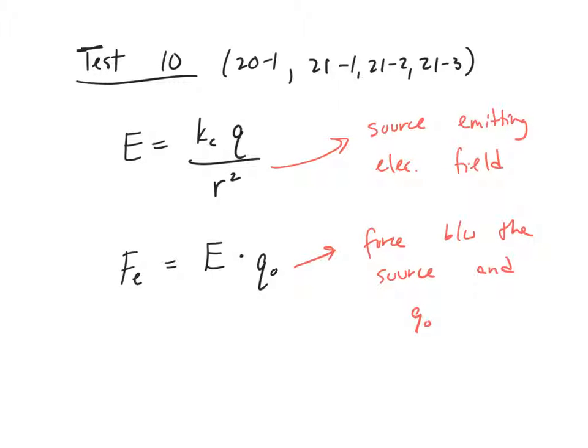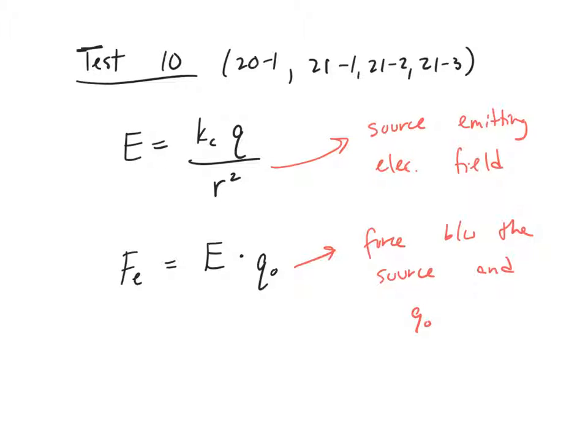But now in the second formula, what if suddenly I bring a proton, the marker, and put it right here? Now, the proton is at the same distance I was, which is a half a meter. So now I've got the charge of a proton, and that's going to go in for Q0 here. If I want to find the force, attraction or repulsion, either one, between the source and the proton, I can take the electric field I calculated a minute ago from the source and multiply it by the new charge that's been brought near the source.